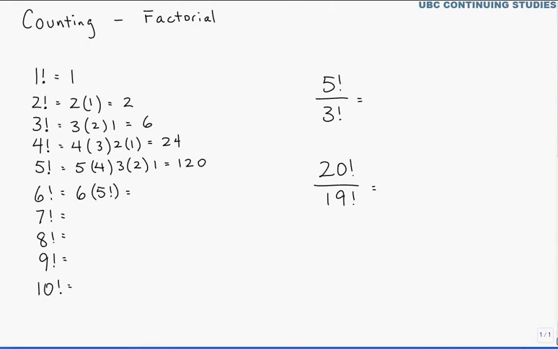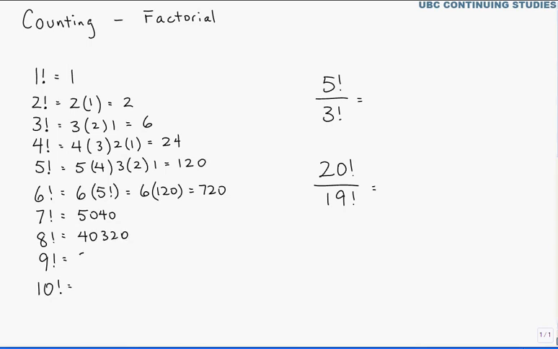And we know what 5 factorial is. It's 120. So 6 factorial is 720. 7 factorial is just 7 times the previous number, 6 factorial, which is 5040. 8 factorial is 8 times 5040, so 40,320.